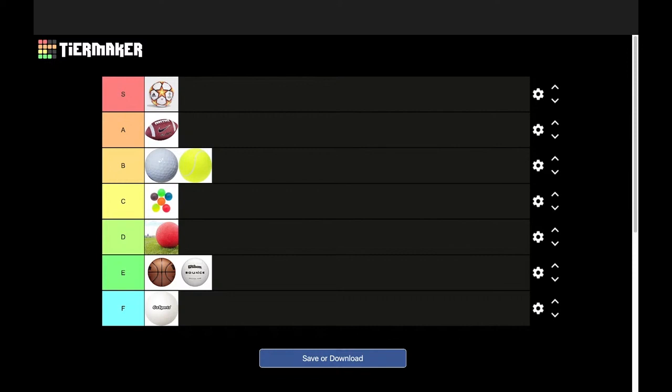I feel like the basketball might be slightly better than the dodgeball. So better than the volleyball, and I feel like both of them being in E... I'm not quite sure about that, because they have a very similar radius, and the basketball has a ridiculously higher mass. Yeah, that is true.